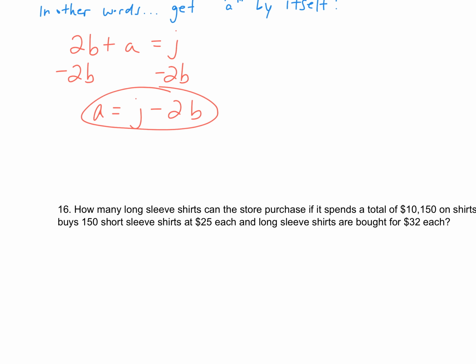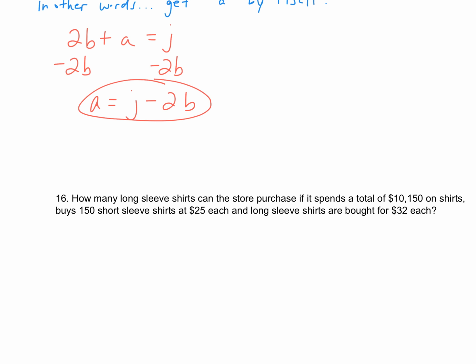Okay, 16 says, how many long sleeve shirts can the store purchase if it spends a total of $10,150 and buys 150 short sleeve at $25 each, and long sleeve shirts are bought for $32 each? So it's going to help to highlight, as we've done before, some key info.